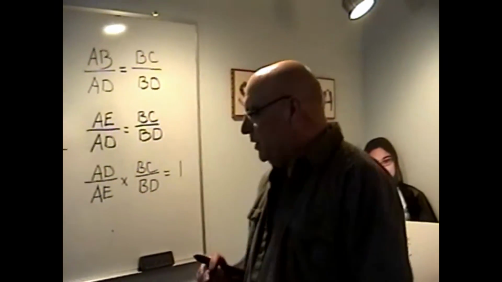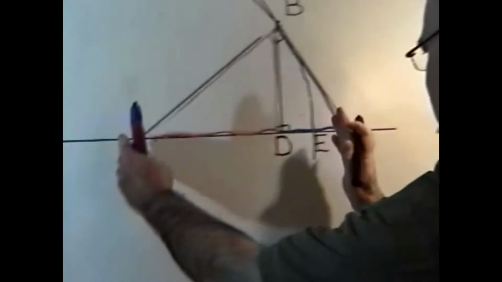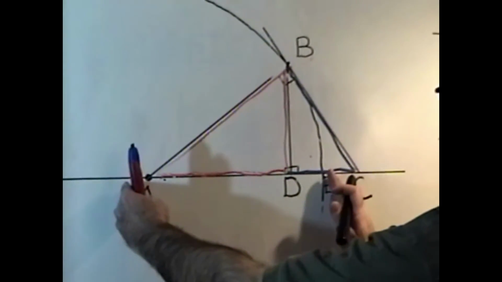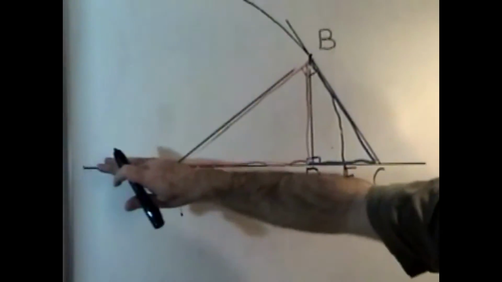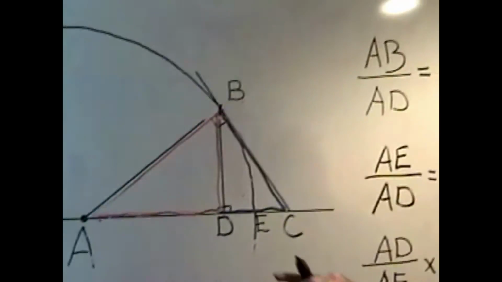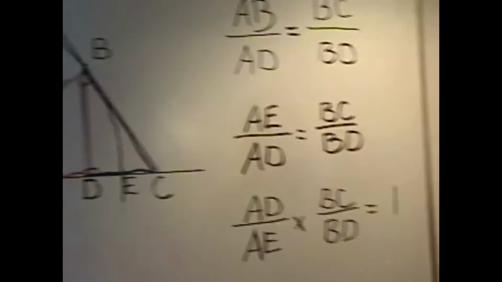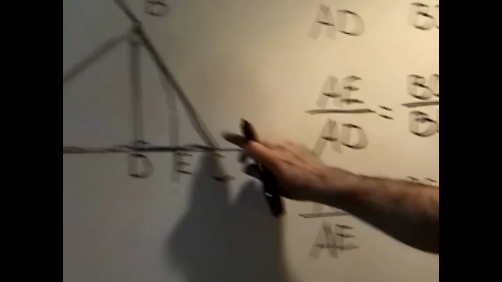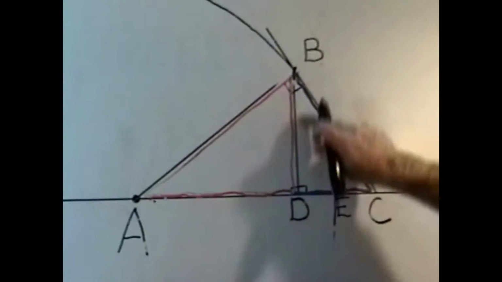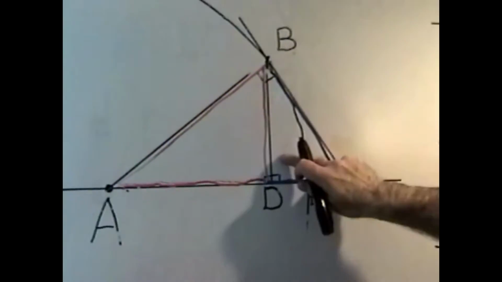Here's why this is important. The ratio of AD to AE shows how much the stripe going around the sphere shrinks when we go from the equator up to point B. And the ratio of BC to BD is the ratio of the slope height to the straightforward height.